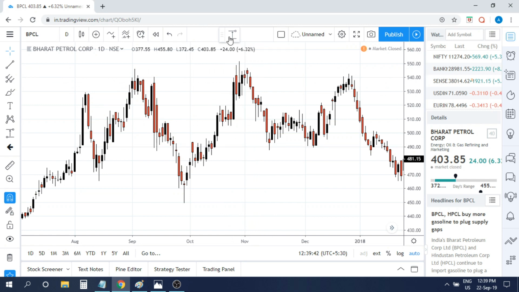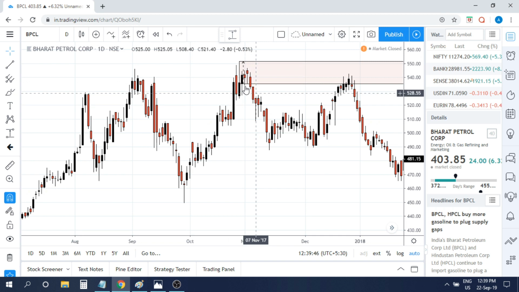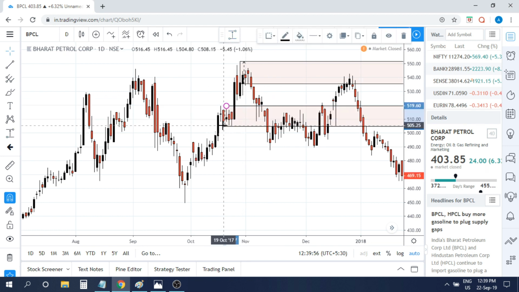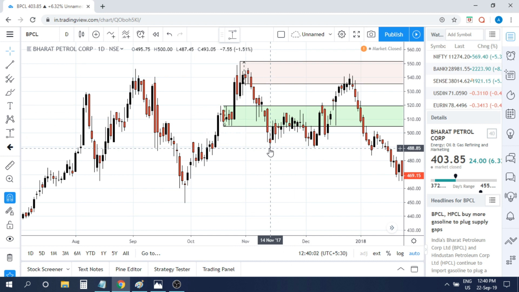It came back here, formed this nice supply zone here, the price gap supply zone. It came back here. Engulfed or broke this rally-base-rally, this flag.